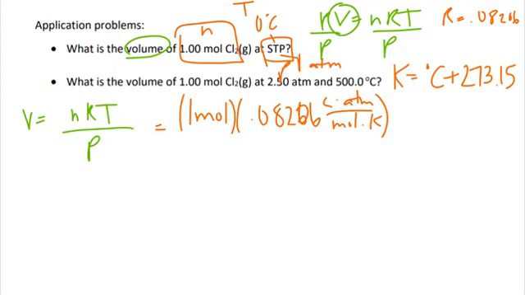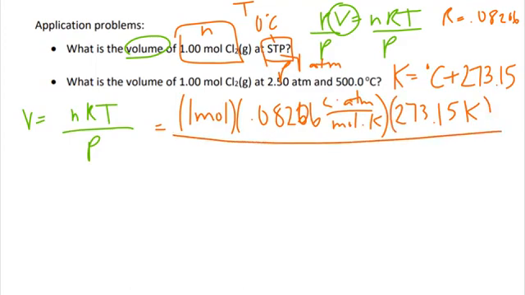And my temperature, 0 degrees Celsius, so 0 plus 273.15 would be 273.15 K. So that's my nRT divided by pressure, which we said was 1 atmosphere.